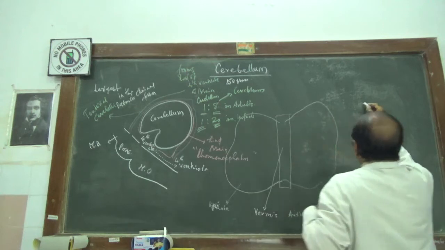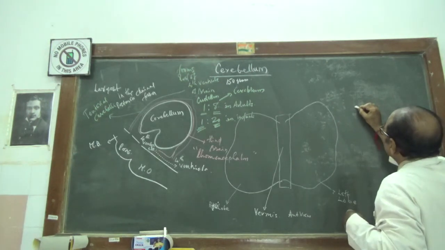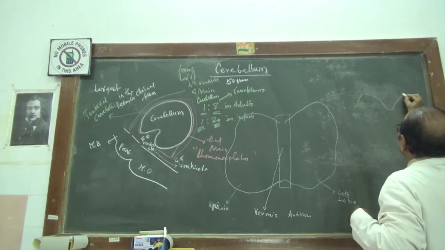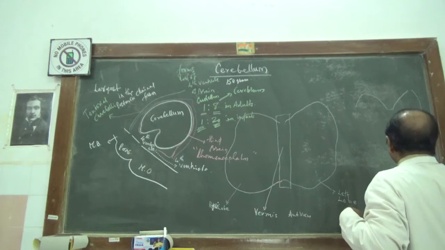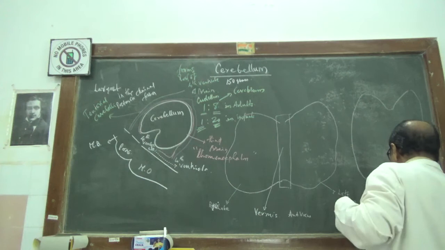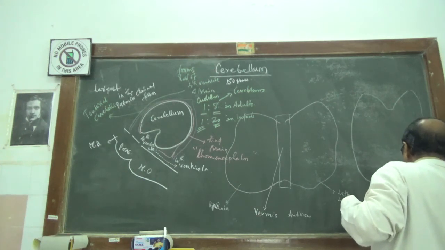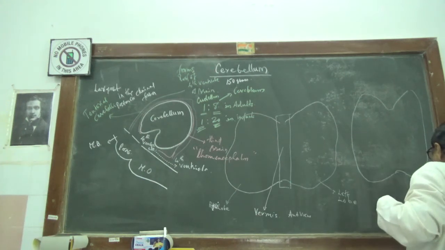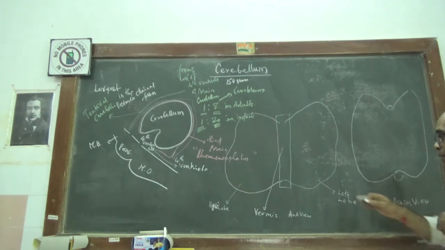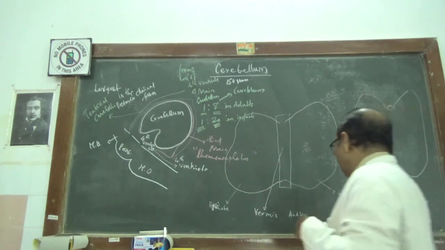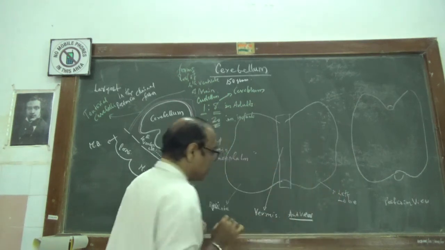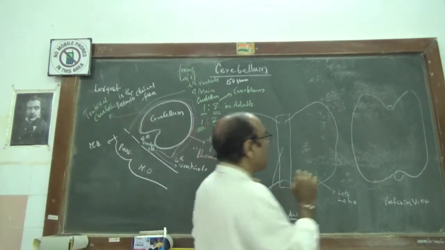Like that, you will get one more. This will be the posterior view, for your understanding purpose. This is the anterior view, for the purpose of understanding this. So you will have here also.